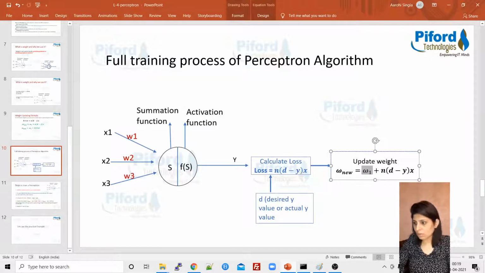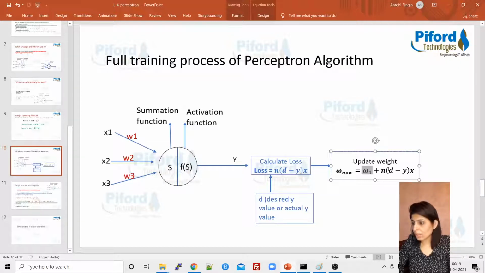So this is the equation. Using this equation, we update the weights in the perceptron. Every time whenever you want to update the weight, we use this formula. The formula is old weight plus n (d minus y) x, right?